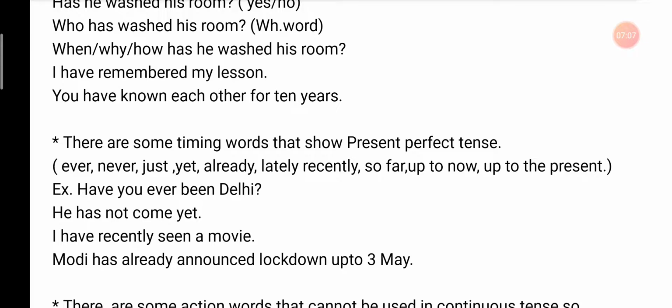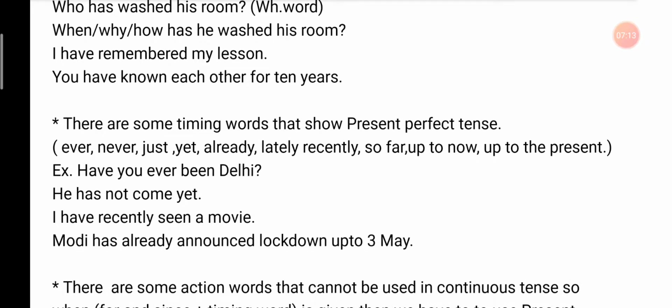If for and since are not given, we will use simple present tense. The following are such words: seem, appear, love, hate, understand, think, smell, see, hear. These are the words that cannot be used in continuous tense.